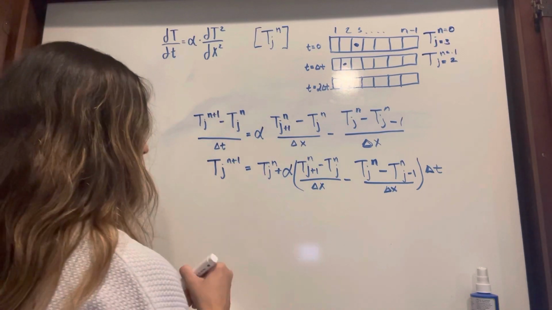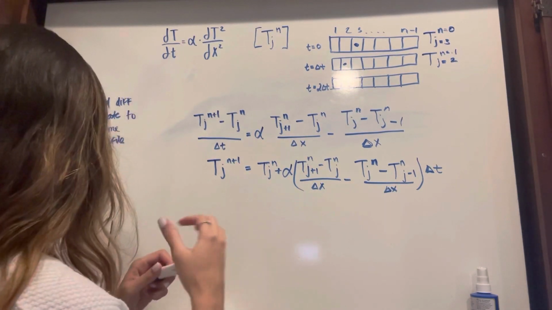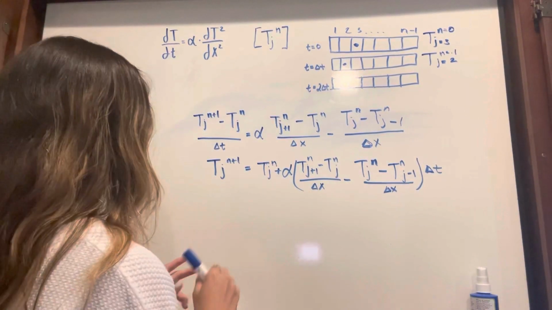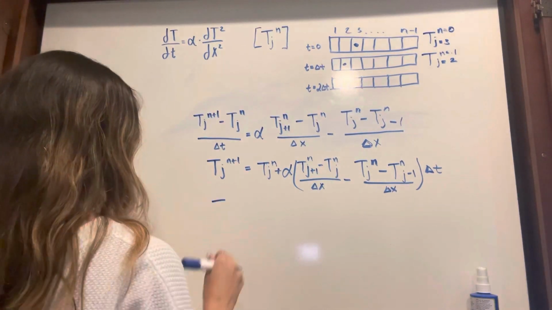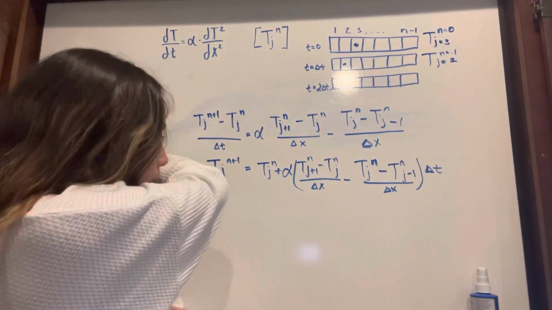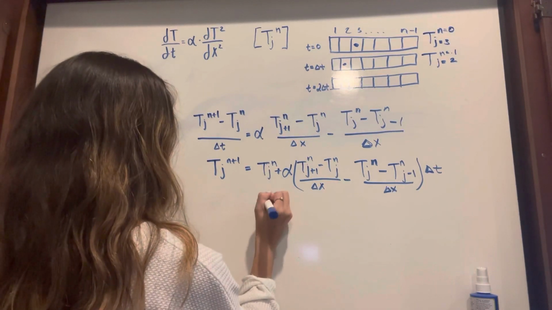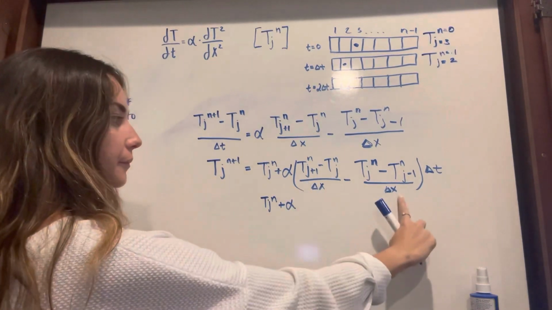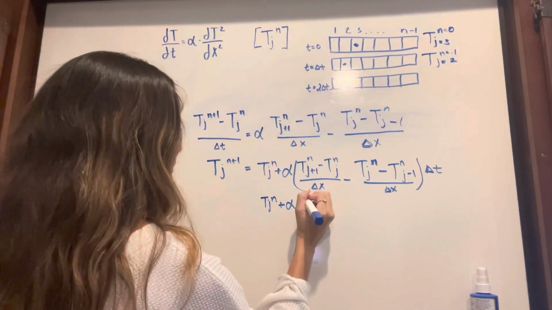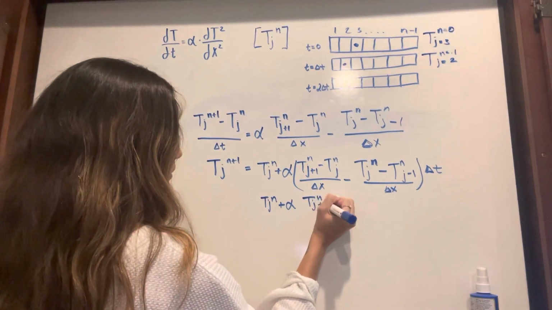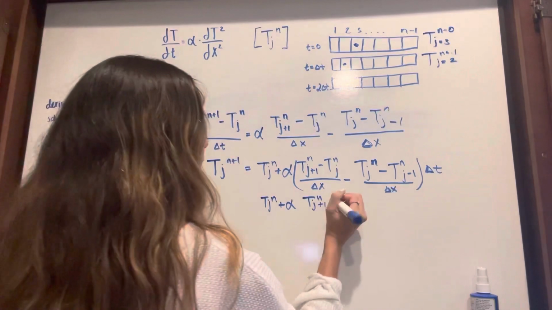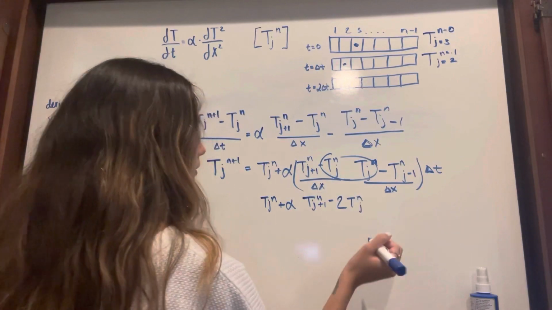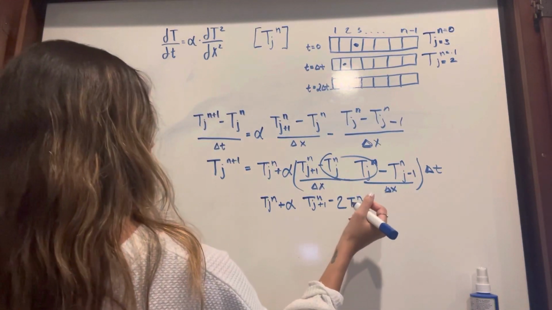And we're just going to simplify this out further. This is going to be, excuse me, Tjn plus alpha, and we can rewrite this section and condense it a little by T j plus 1, n, minus 2 Tjn, so we're going to join these two together, is that right?